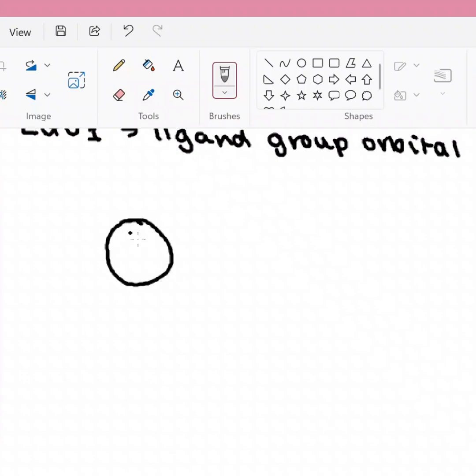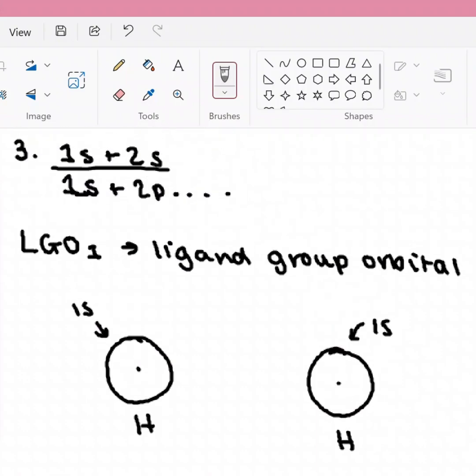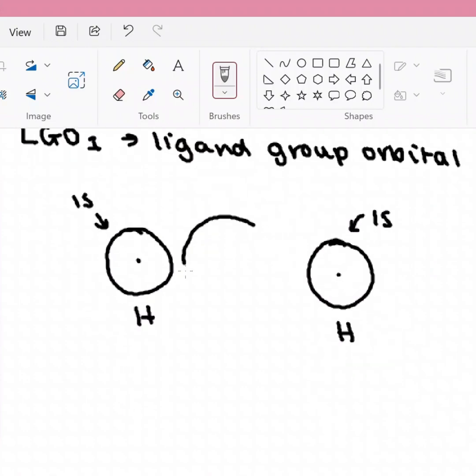So if we draw the two hydrogen 1s orbitals in the same phase, like this, we can start by considering our hydrogen 1s and beryllium 2s atomic orbitals. If everything is in the same phase, we know it'll form a bonding molecular orbital.